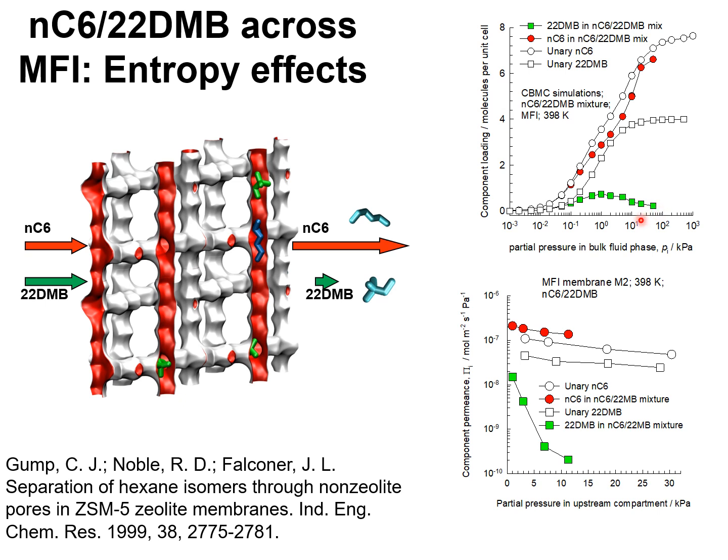We note that with increasing pressure in the bulk gas mixture, the normal hexane loading increases at the expense of 2,2-dimethylbutane, and 2,2-dimethylbutane is virtually excluded from the pores due to entropy considerations. And the result is that the component permeance for 2,2-dimethylbutane is significantly lower than the unary permeance for 2,2-DMB.